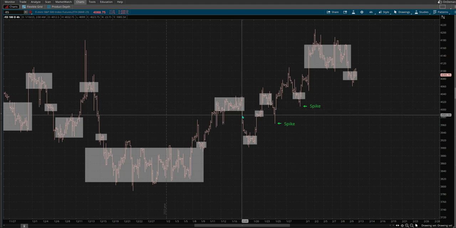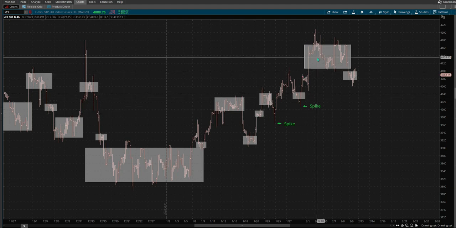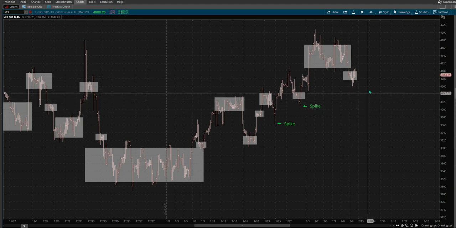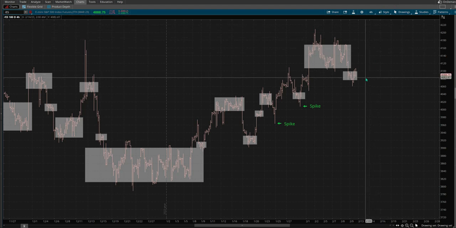Again it broke down, came down, found support down here, and resistance in this box, and then broke above. The same thing happened here and here, and then we're here now. So this is actually live. This is the overnight trading, and I do have positions in this now, but this is live. The market's really moving right now, in real time.